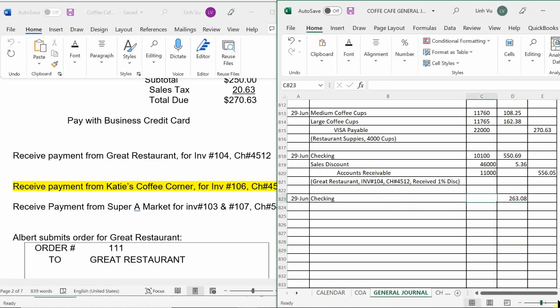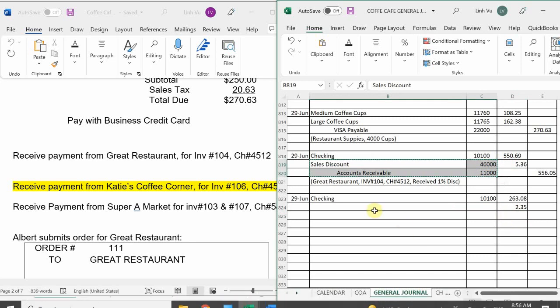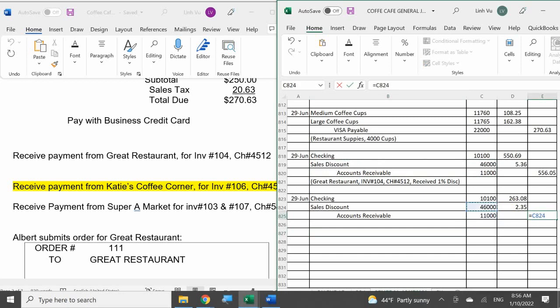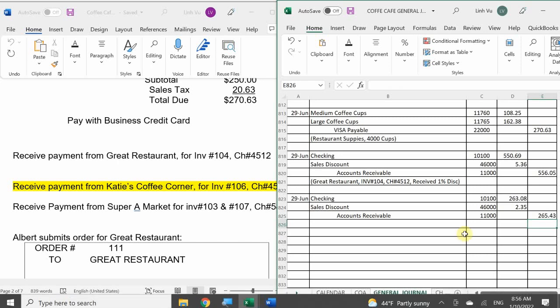And then where does the $2.35, what account does that go to? Sales discount, because they are our customer. Okay. For the total amount of that, 265.43.